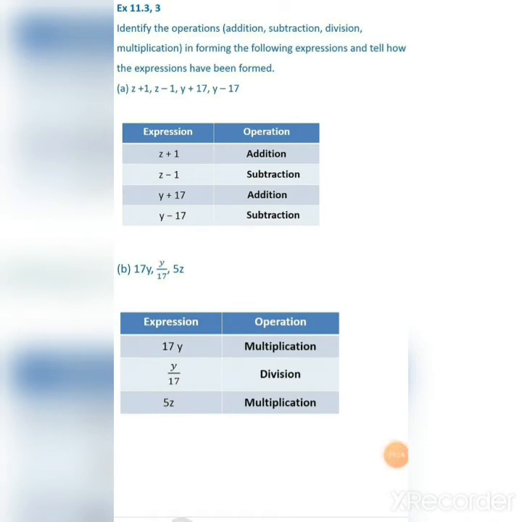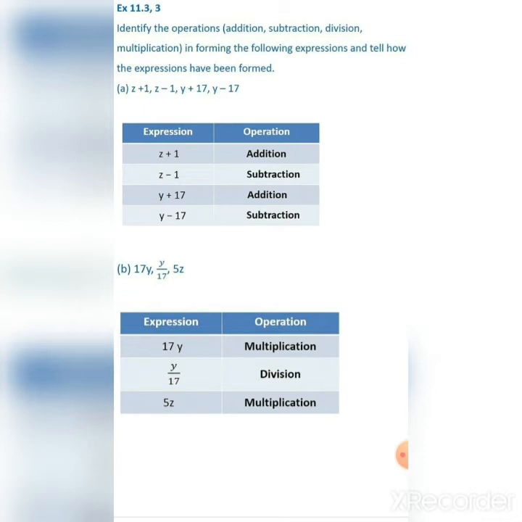Now the third question is, identify the operations, means type of operation like addition, subtraction, division and multiplication, in forming the following expressions, and tell how the expression has been formed. Means the expressions are shown over here. You have to just tell which type of operation is used in forming such expression.